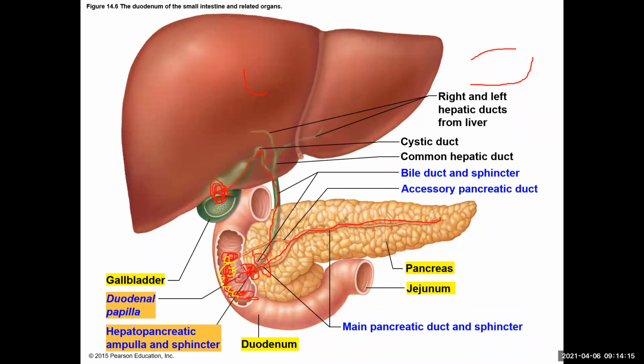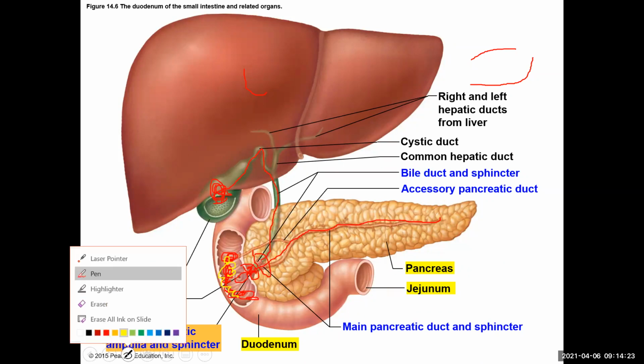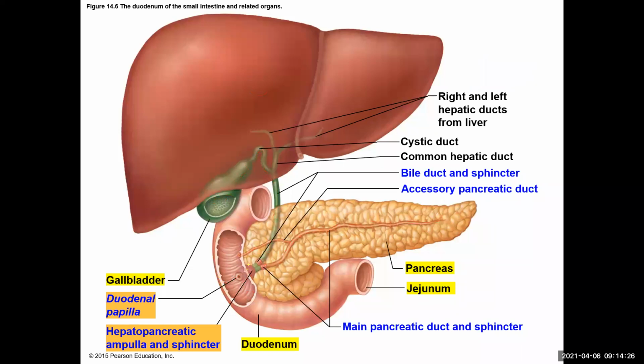Did you all understand? Bile produced by the liver is stored in the gallbladder, and it gets stored in the hepatopancreatic ampulla over here. At the same time, the pancreas produces the pancreatic juice, which is also stored in the ampulla. When the food is here, only then are these released through the duodenal papilla.